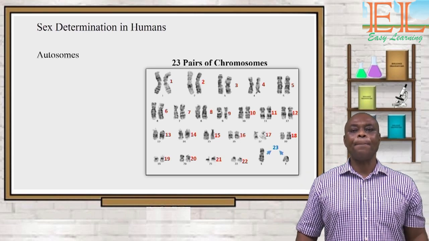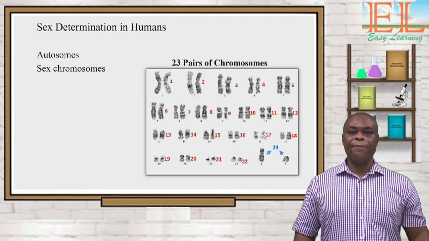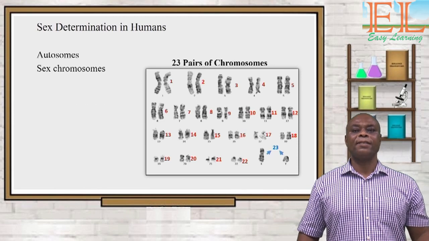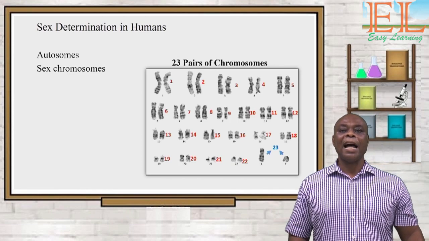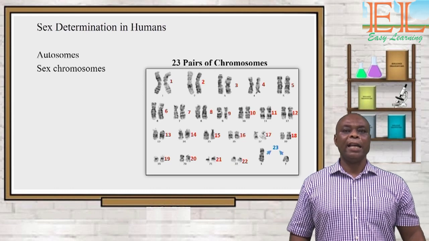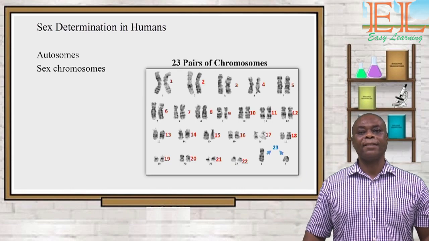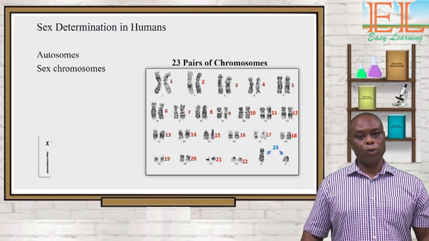The 23rd pair, which determines the sex of the individuals, are known as sex chromosomes. These pairs are different. One of them is long, and this one is termed as X chromosome, whilst the other is short.